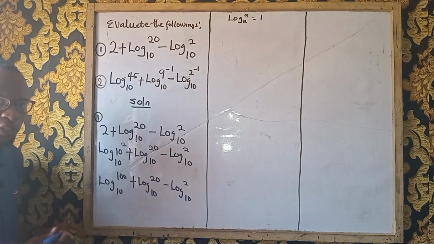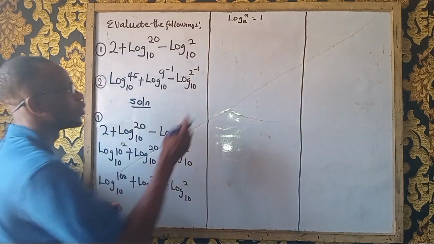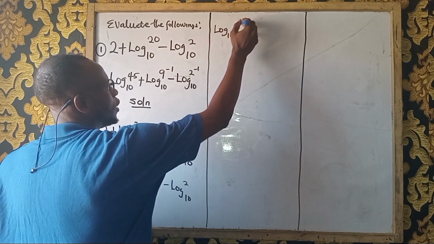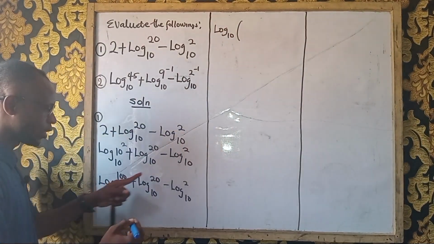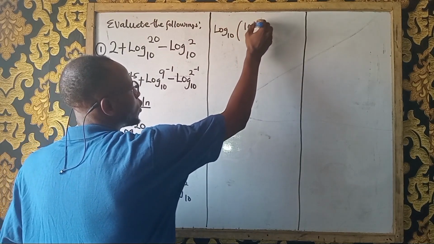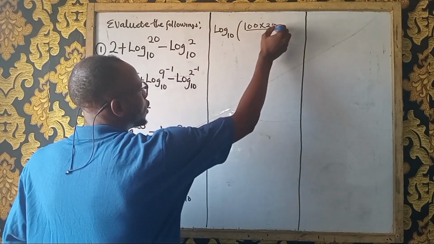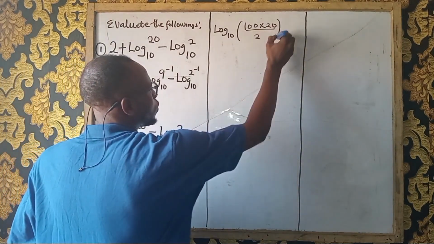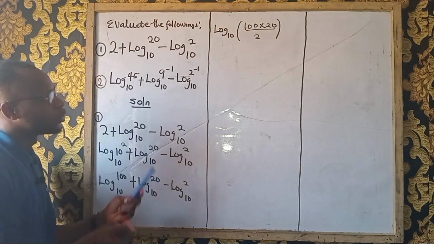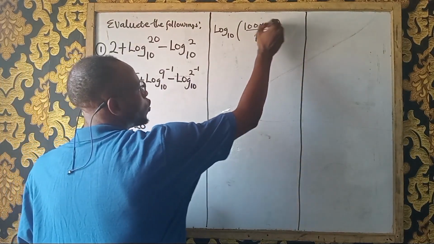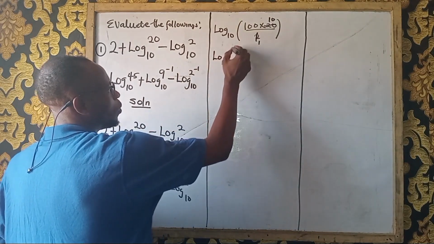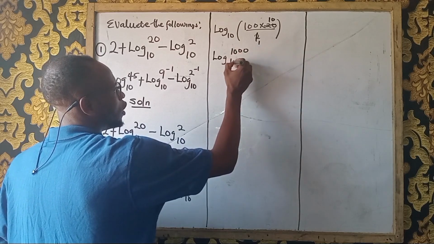Now, they are now uniform. So we bring out one log out. So we'll have log in base 10, bracket 100 times 20, because addition changes to multiplication. Don't forget that. Then all over, negative changes to what? Division. That's 2. Okay? So 2 here 1, 2 here 10. That will be 100 times 10, and that will give us 1000 in base 10.